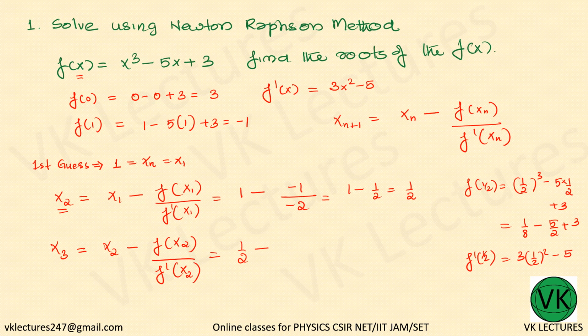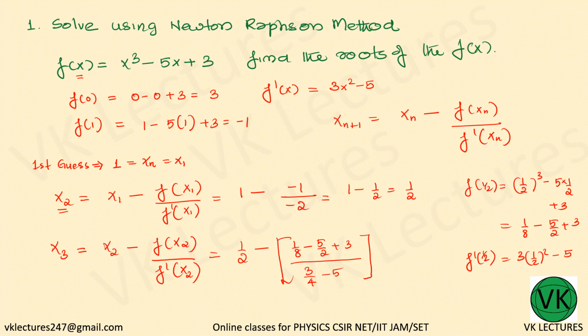So 1 by 2 minus the numerator we have 1 by 8 plus minus 5 by 2 plus 3, divided by 3 by 4 minus 5.